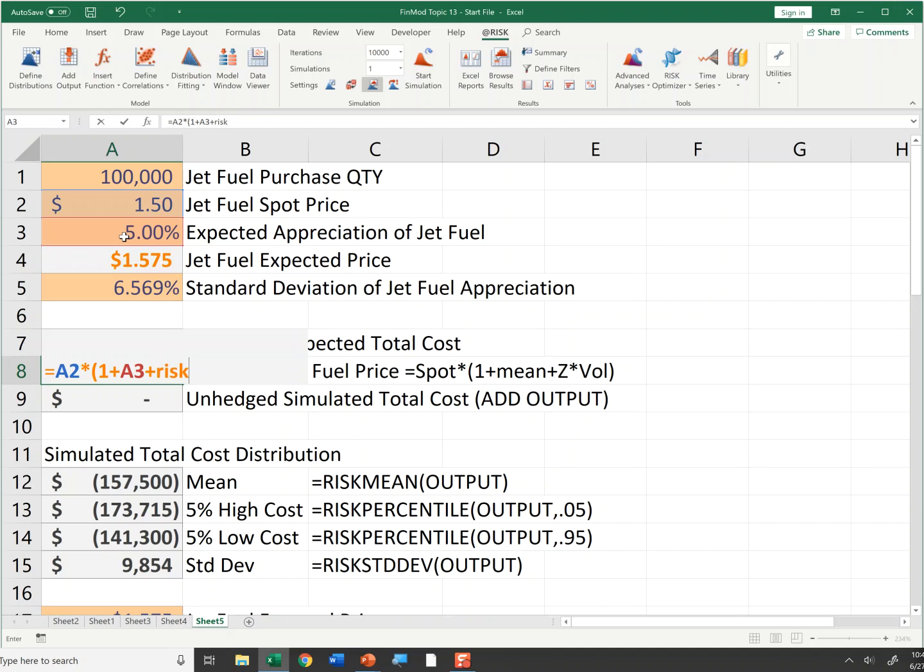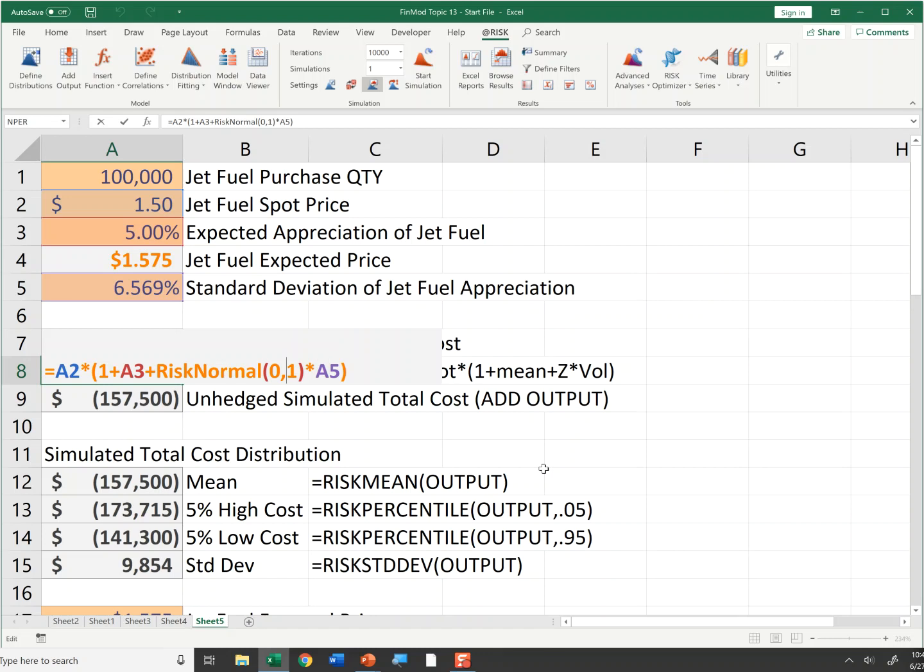So in @Risk, that's RiskNormal(0,1). If we're doing a macro simulation, this would be NORM.S.INV(RAND()). But I'll take RiskNormal(0,1) times the standard deviation. So spot price times 1 plus the appreciation plus a random variable times the standard deviation.